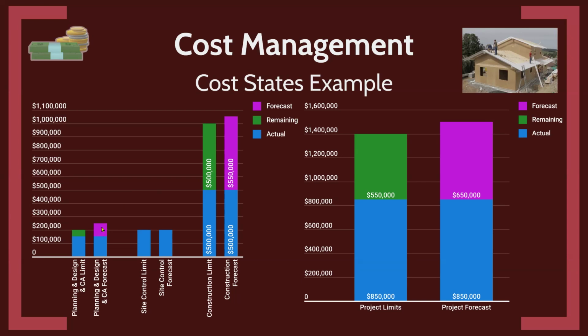That's always what you're sort of looking at, is the difference. I may have 50,000 remaining, but I'm anticipating $100,000 worth of services. Works the same way if I was looking at construction, right? Or site control might be exactly the same. I had planned on spending X amount on easements, and I've expended all of that, and that's finished now. So it's all actual.